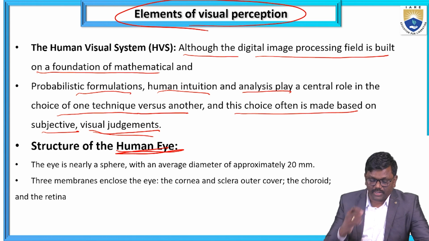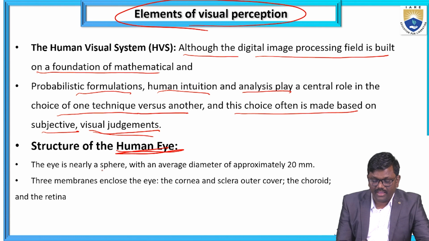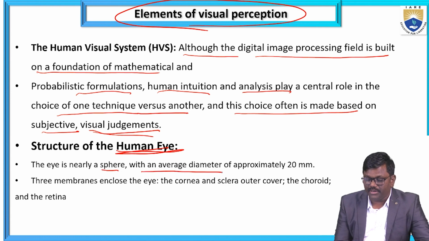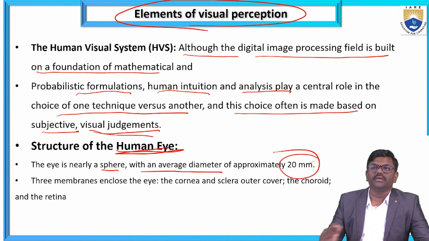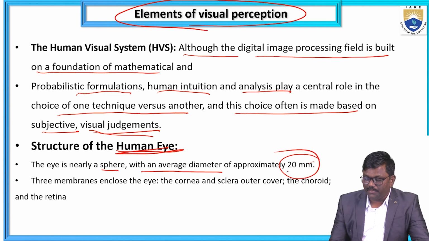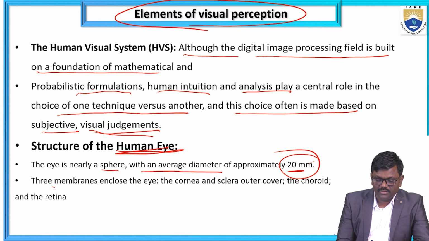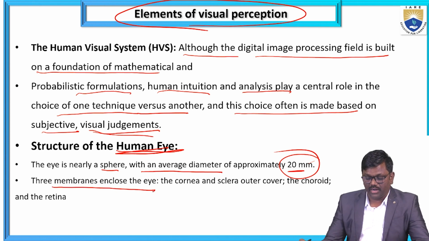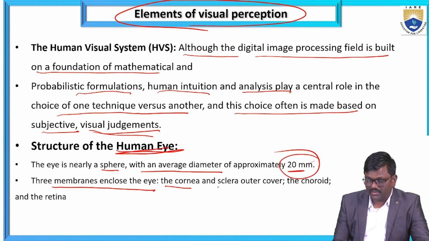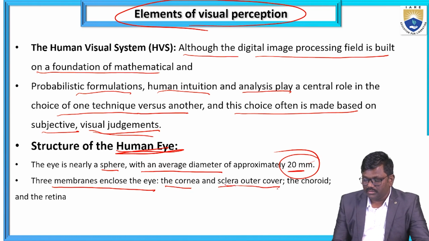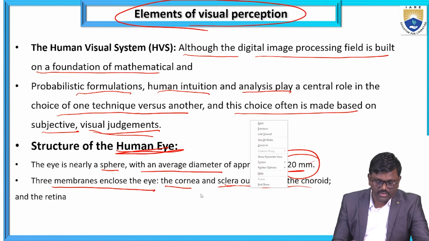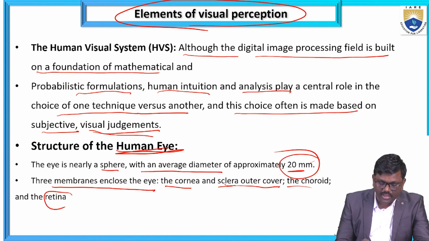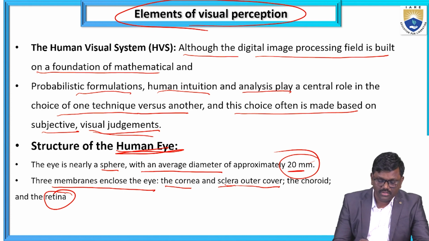The eye is nearly a sphere with an average diameter of approximately 20 millimeters. Three membranes enclose the eye: the cornea and sclera outer cover, the choroid, and the retina.